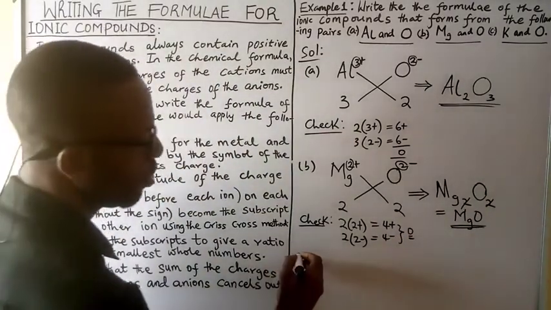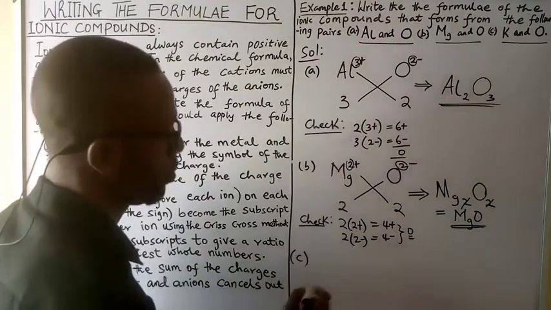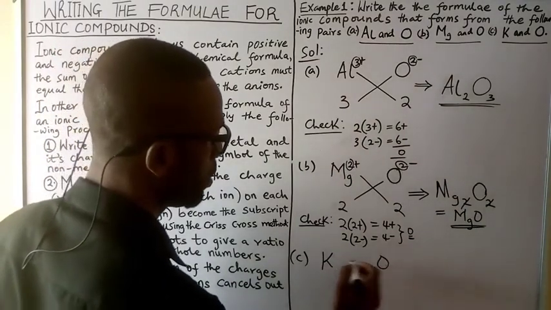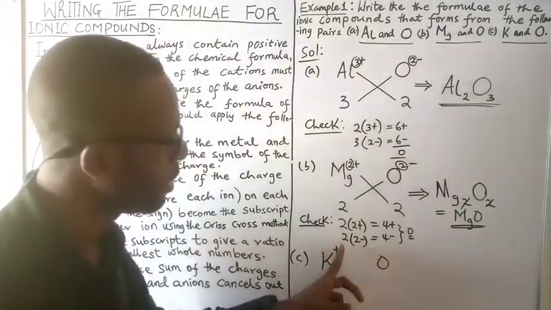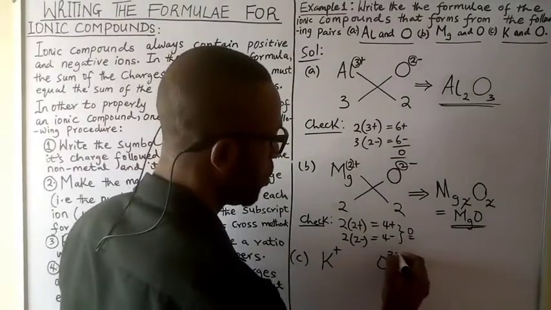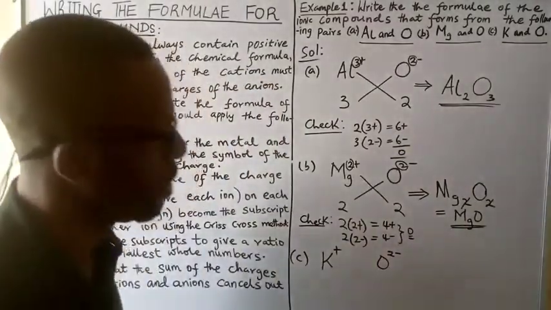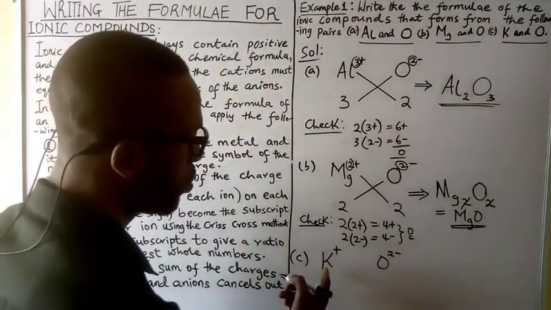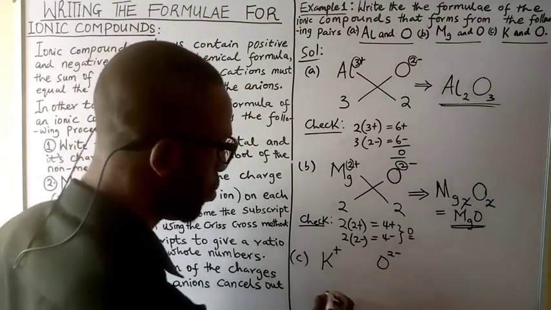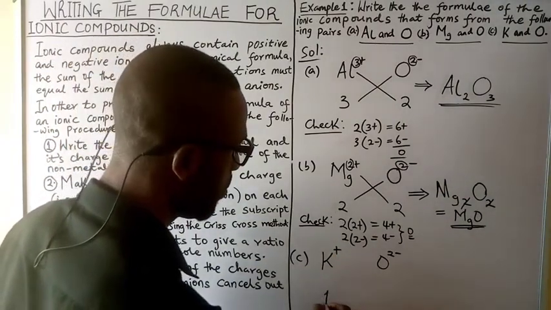Nice. Then the third one, which is the last one, is what? Between potassium and oxygen. Potassium is an alkali metal. We'll always want to ionize by giving out 1 electron. Oxygen, again, will always want to gain 2 electrons. So what is the oxidation state here? It is +1. I hope you know. So what is the magnitude here? The magnitude is 1.